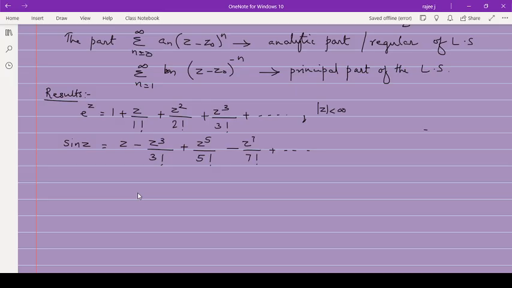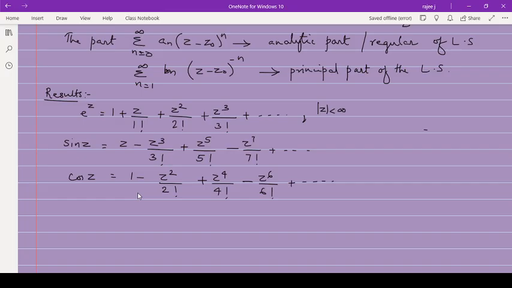Mod of z is less than infinity. Then similarly cos of z is equal to 1 minus z square by 2 factorial, even terms will come here, plus z raised to 4 by 4 factorial minus z raised to 6 by 6 factorial plus etc.